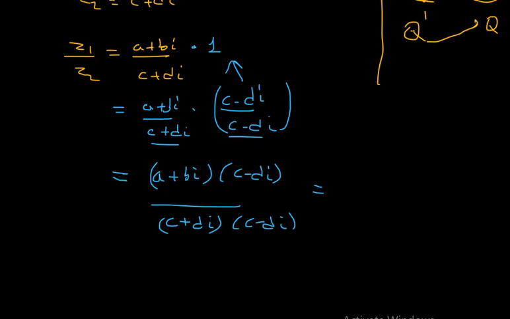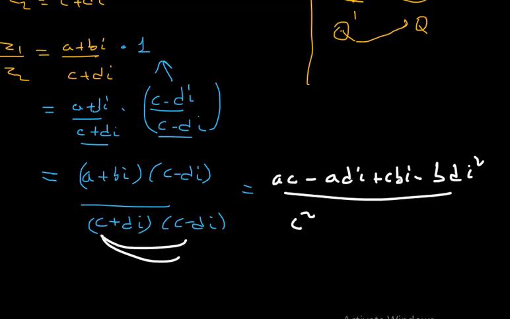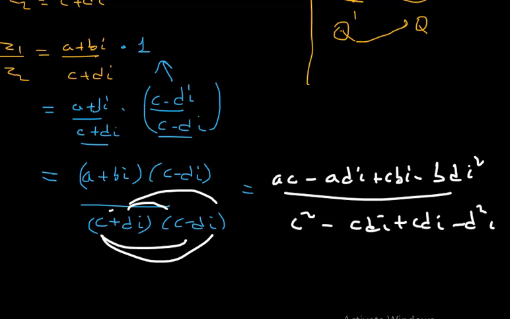In the numerator, this is ac minus adi plus cbi minus bdi squared. I do the same thing in the denominator: c squared minus cdi plus cdi minus d squared i squared.